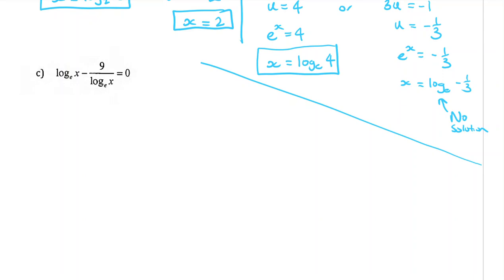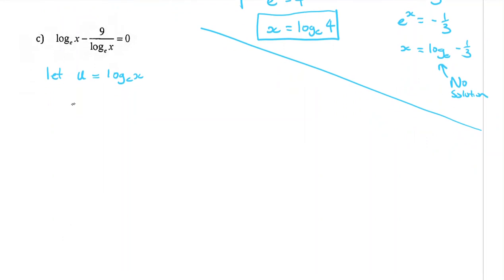So we could let u equal log e of x and try and solve the rest of it, come back to find the x afterwards. Alright? So my equation would change to be u minus 9 over u equals 0. Is that nicer? A little bit? I still can't solve it while there are fractions with my u on the bottom. So what should I do next?